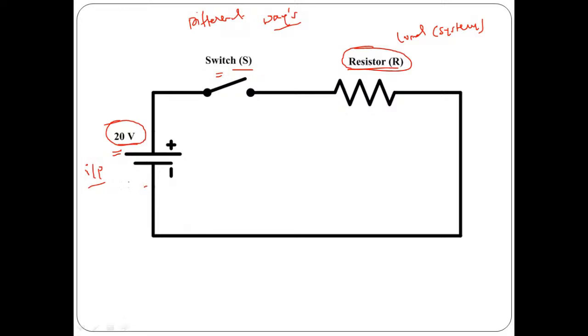Our objective is to supply this input of 20 volt as an excitation to this resistor. Think and then tell me, how many ways are there through which I can give 20 volt input to my resistor?